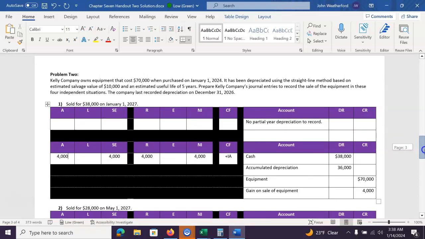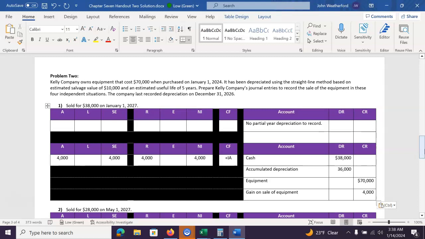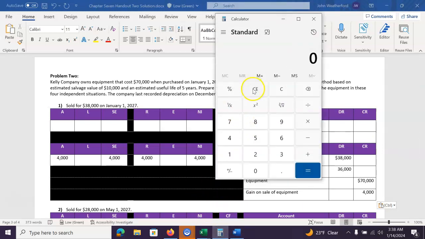All right. If we sold the equipment for $28,000 on May 1st, 2027, well, here we're going to have partial year depreciation to record. It wasn't sold conveniently at the beginning of the year. So we've got January, February, March, and April, 4 months of depreciation to record for 2027. Let's go back to our calculator.